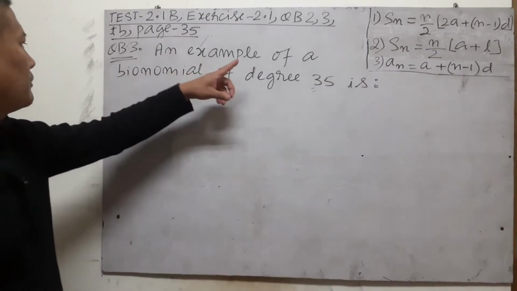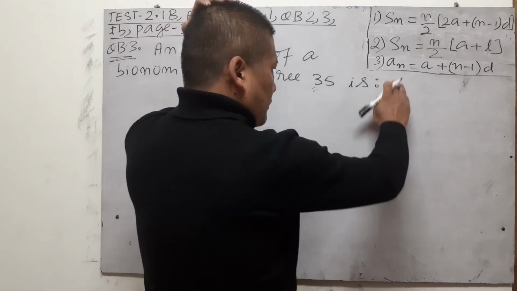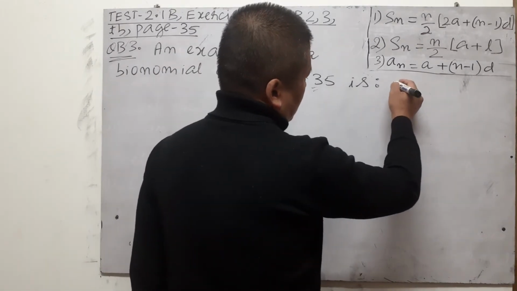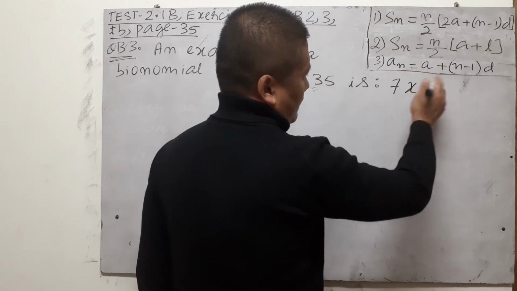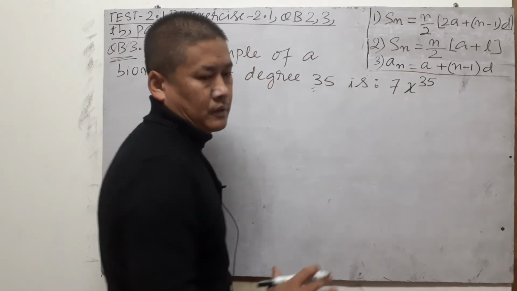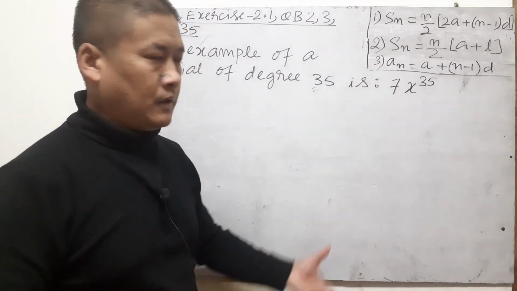Okay, so here an example of a binomial of degree 35. The highest power of the variable should be 35. So let me just write here 7 into x, let us say the variable is x, to the power 35. The highest power of the variable should not exceed 35, because the degree means the highest power of the variable.